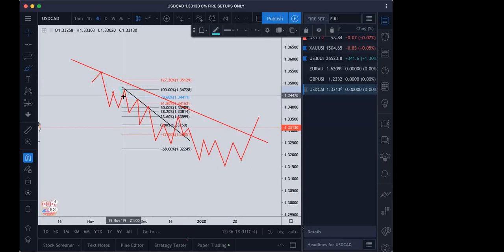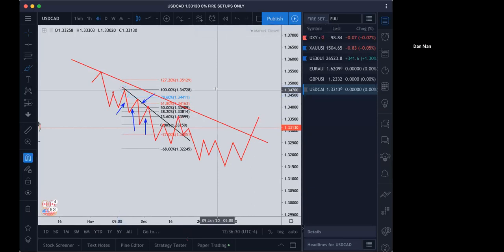So this is the first leg. This is the second leg. This is the third leg. This is the fourth leg. Where do you need to put the fib? On which leg? On the highest one, no? No, not the highest one, the second. Third leg.